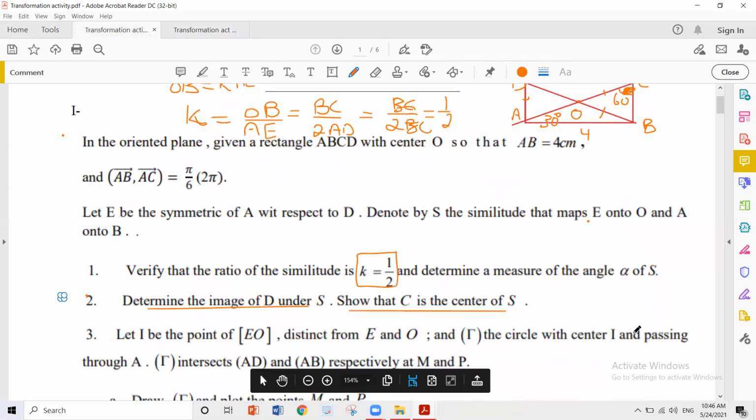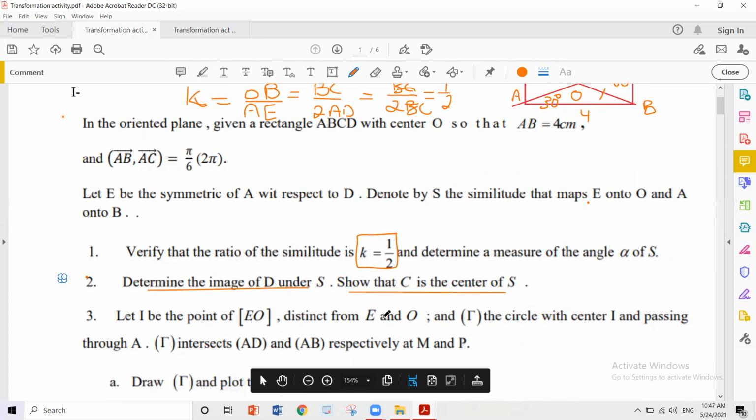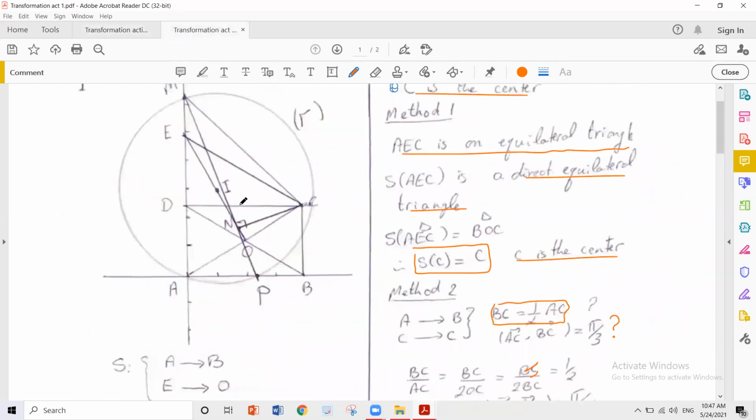Gamma is the circle of center I and passing through A. I draw the circle of center I and passing through A.